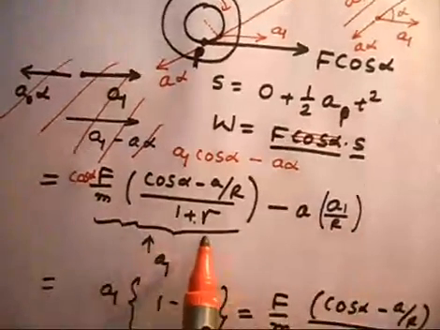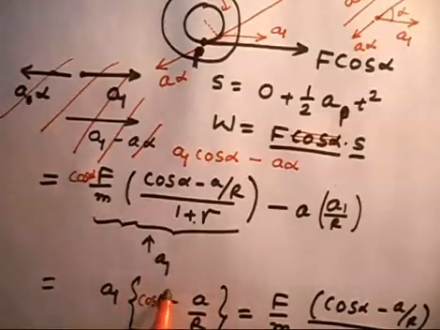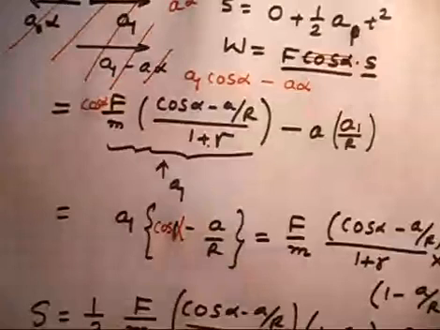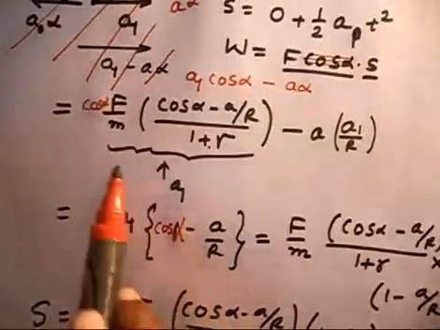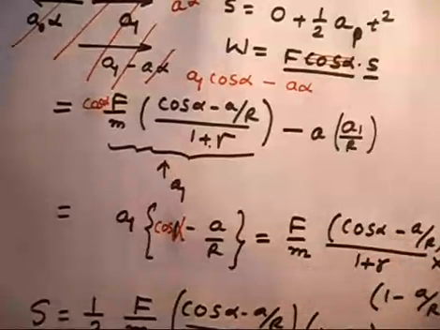If I take a1 common, there will be a cos alpha term that will remain inside. Are you getting or not? So cos alpha minus a1 by r, and a1 is simply F by m cos alpha minus a1 by r.